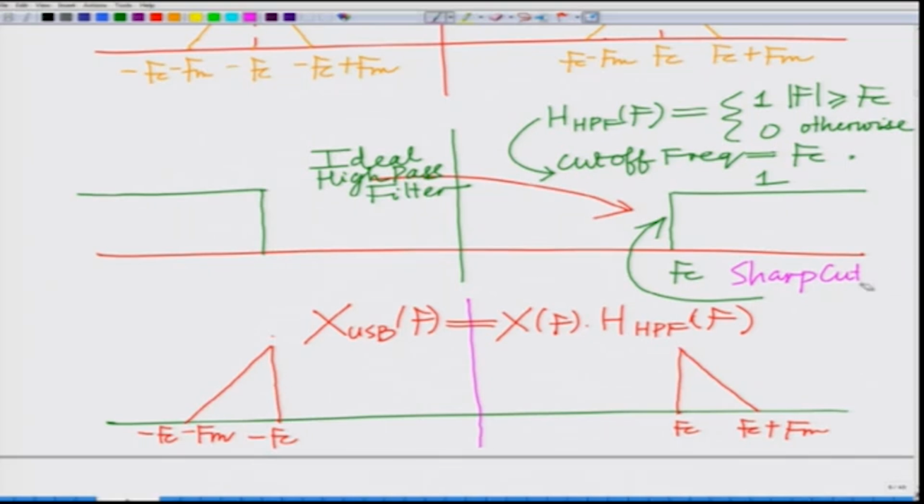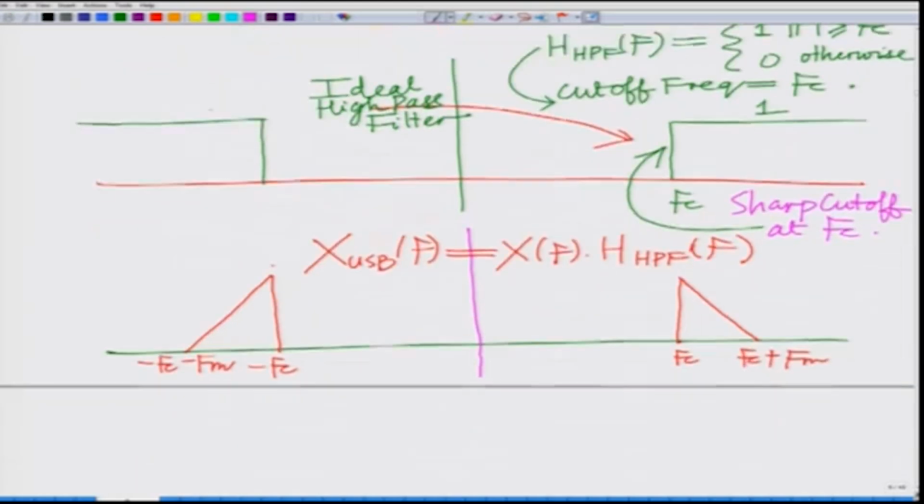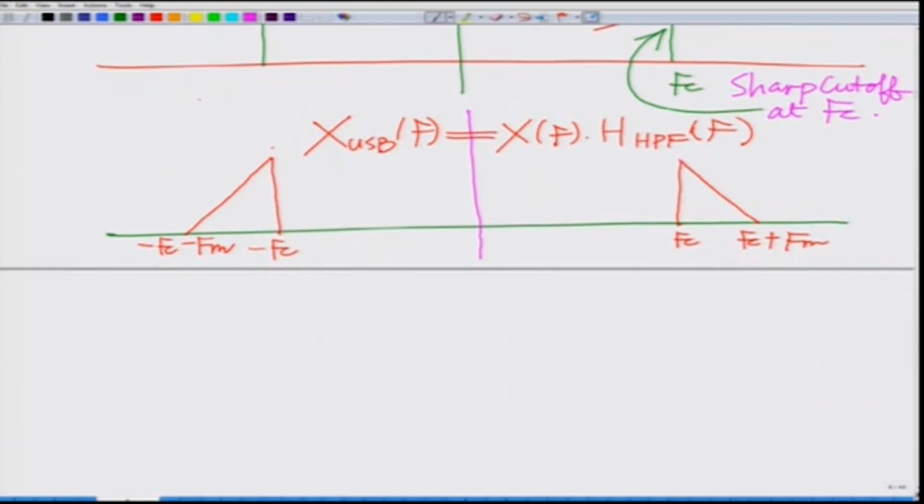It has a very sharp cutoff at Fc. So, this is X(f) times H_HPF, the spectrum of the upper sideband modulated signal.